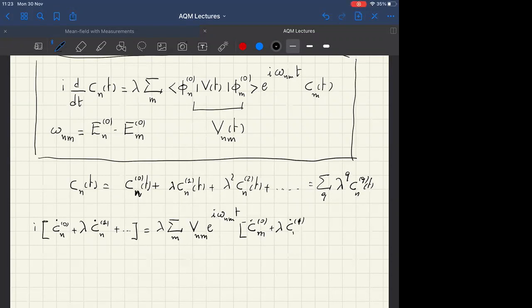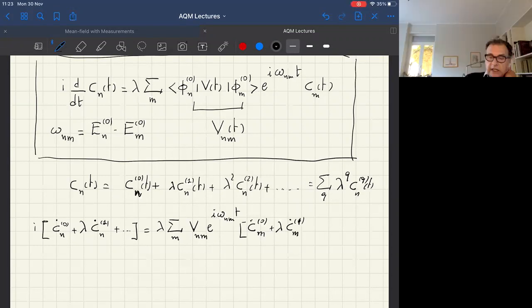Sorry, yes, I think there should be no dot in the right-hand side. There is no dot, sorry, I was copying in a wrong way. Yes, you're right.